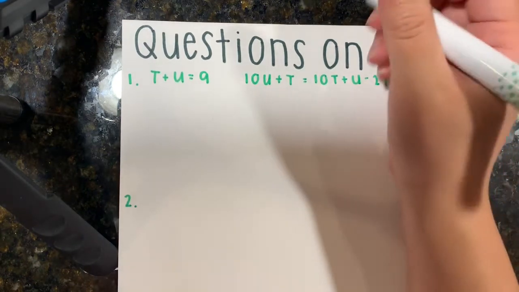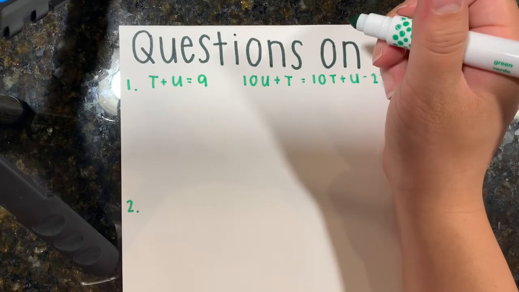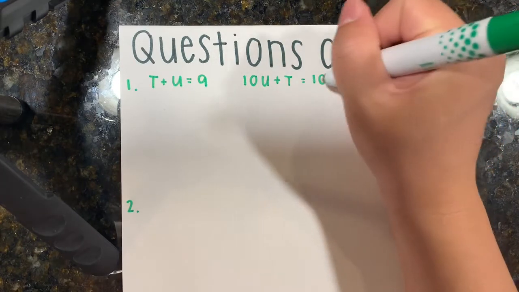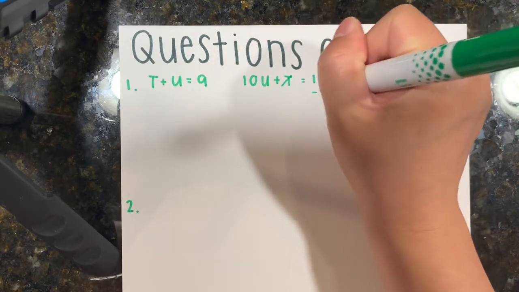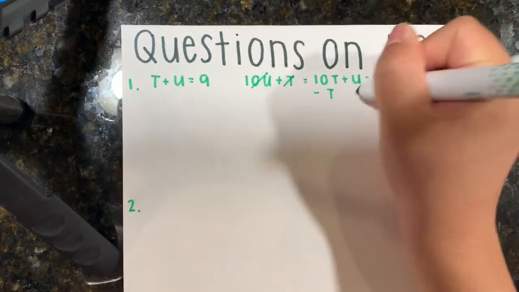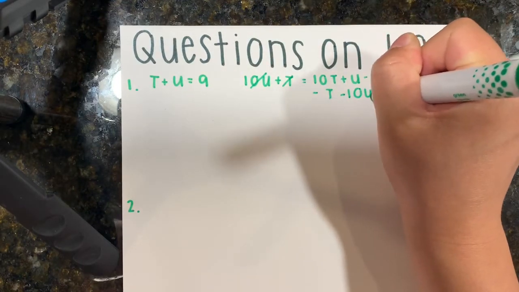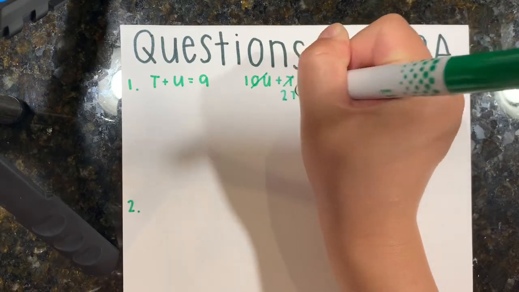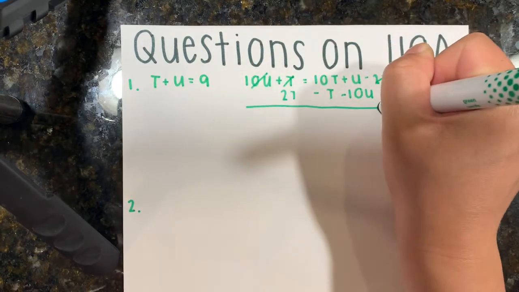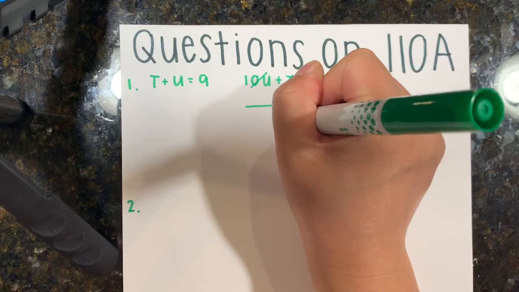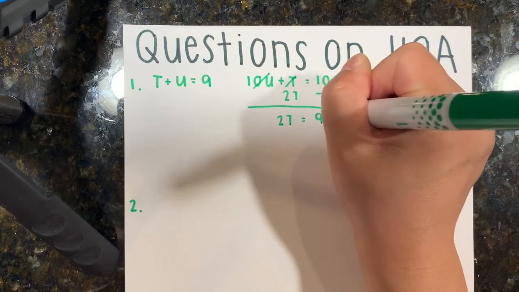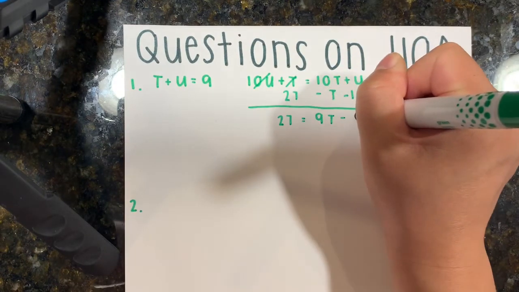I'm going to start by moving, well, I can move the t over here, move the u over here, and move the 27 over here. And I would end up with 27 is equal to 9t minus 9u.